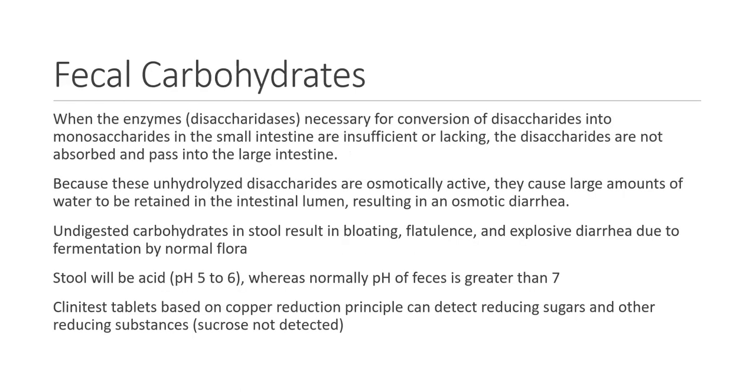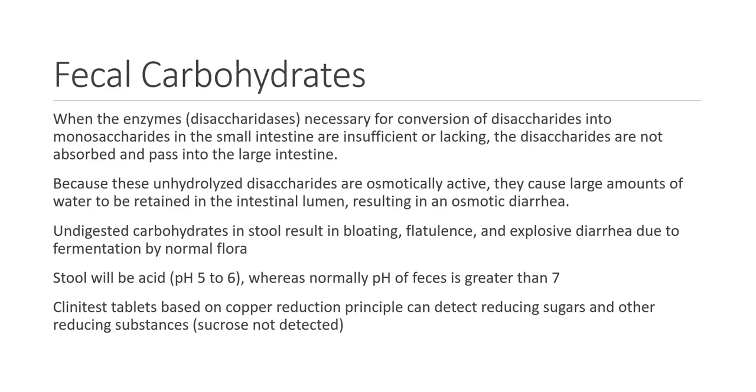Fecal carbohydrates. When the disaccharidase enzymes necessary for conversion of disaccharides into monosaccharides in the small intestine are insufficient or lacking, the disaccharides are not absorbed and pass into the large intestine. Because these unhydrolyzed disaccharides are osmotically active, they cause large amounts of water to be retained in the intestinal lumen, and this results in osmotic diarrhea.